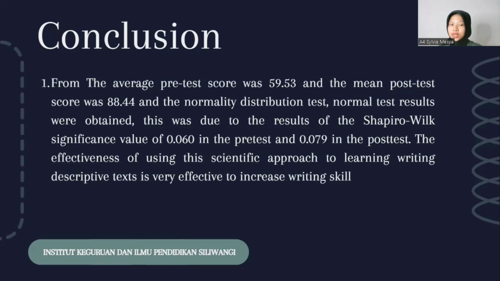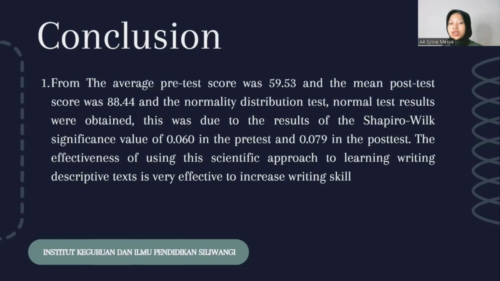The last, conclusion. First, in answer to research question number 1, the mean pre-test score was 59.53 and the mean post-test score was 88.44, and in the normality distribution test, normal test results were obtained.